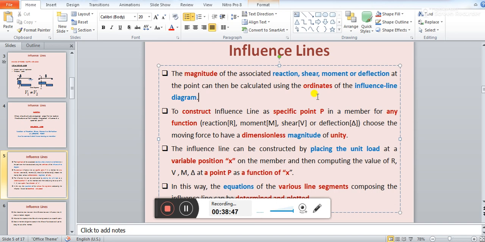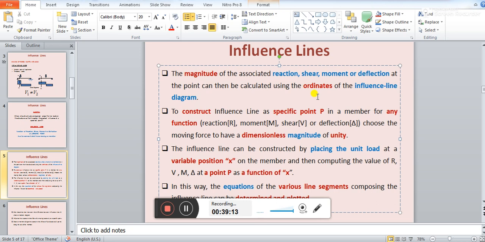Any function means the things which you want to know from your structural analysis. That means you want to know reaction, moment, shear, deflection. That is what we have discussed while introduction to structural analysis. So if you want to find out at a particular specific point in a member for any function, then what you will have to do?